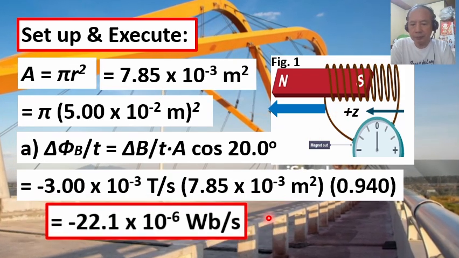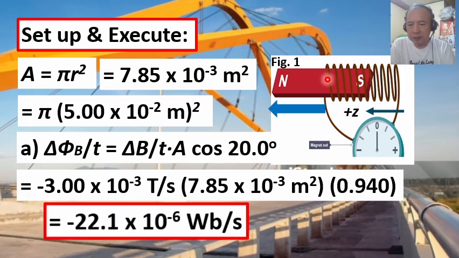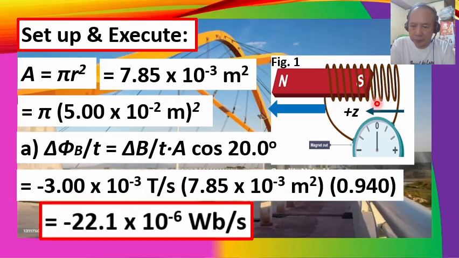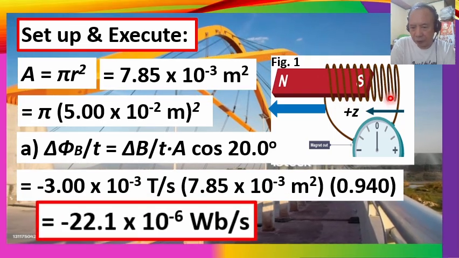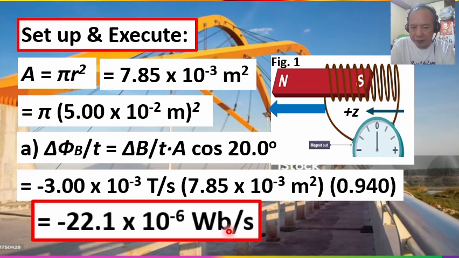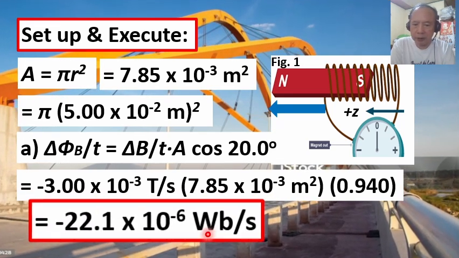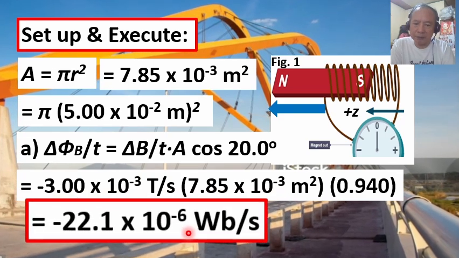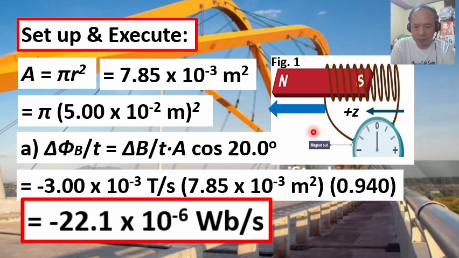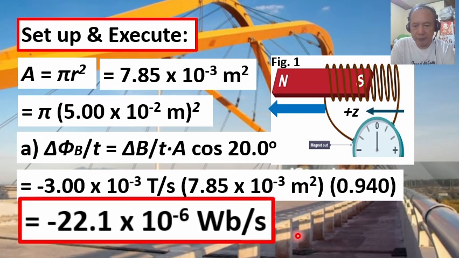That is intercepted by the stationary coil. So we are talking about how fast or how quick the decrease in the magnetic flux is in this situation.